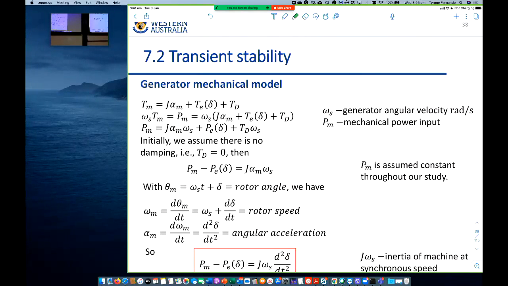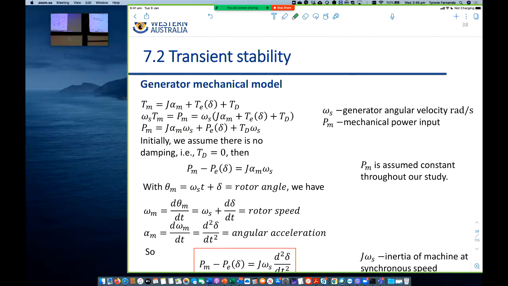Theta m is the rotor angle. It must equal the speed times t plus the initial angle, delta. So theta m is omega s t plus that angle delta, the rotor angle.